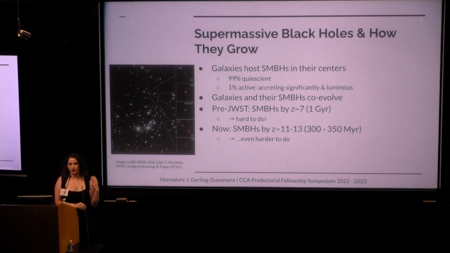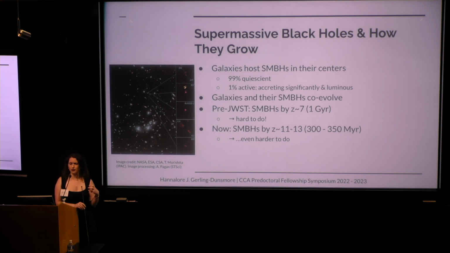We have known for about two decades now, through observational evidence, that pretty much literally all galaxies host a supermassive black hole in their center. And if you point a telescope at the sky, about 99% of those galaxies are going to host what we call a quiescent galactic nucleus. That is to say, the supermassive black hole is not accreting significantly.